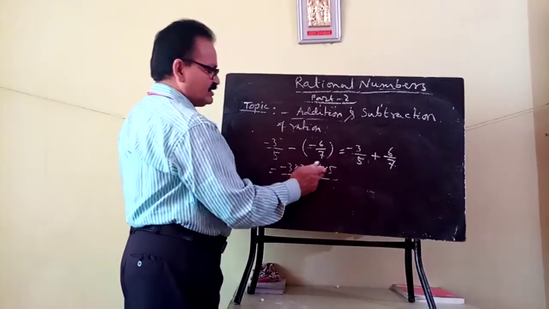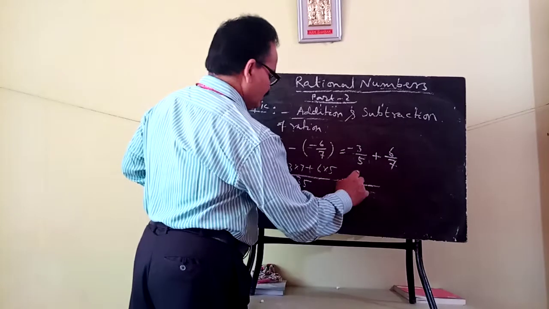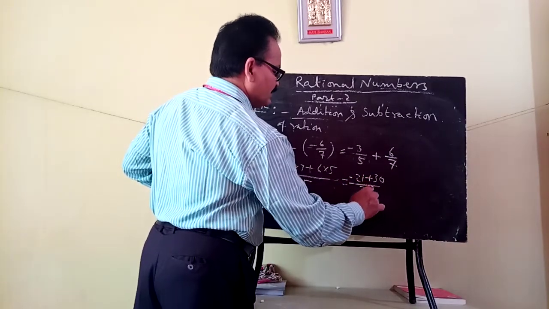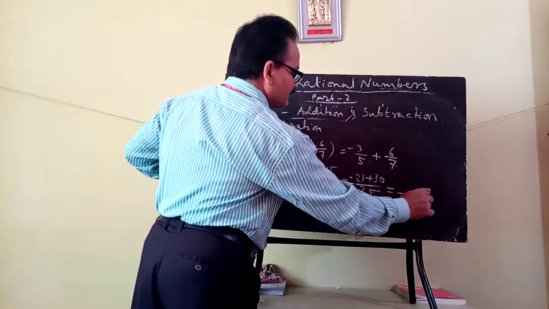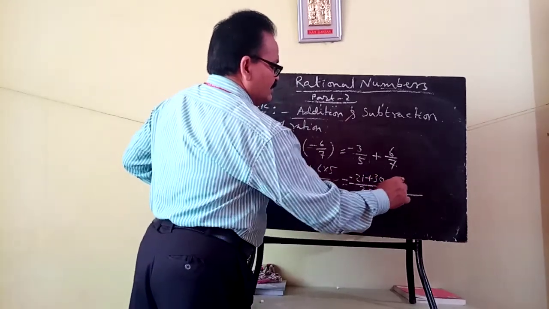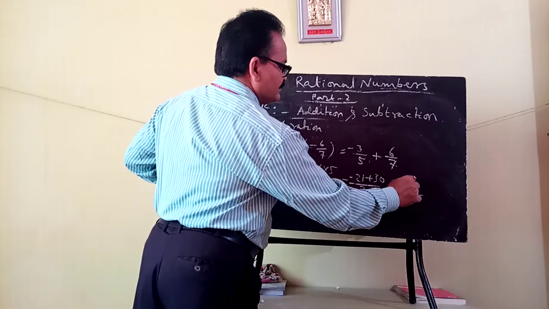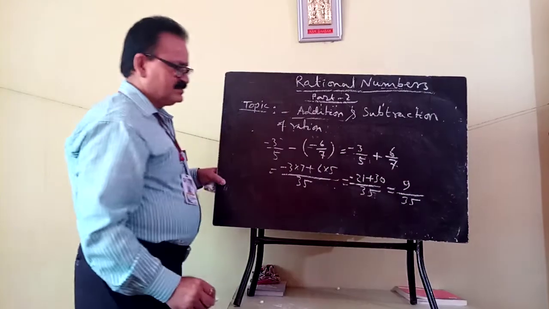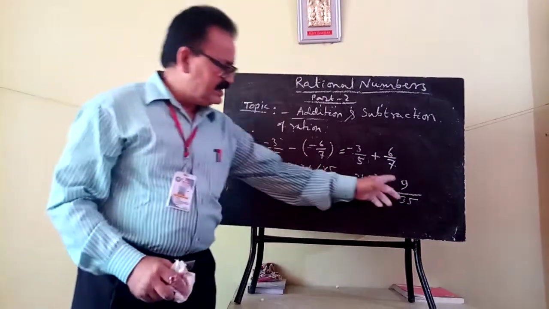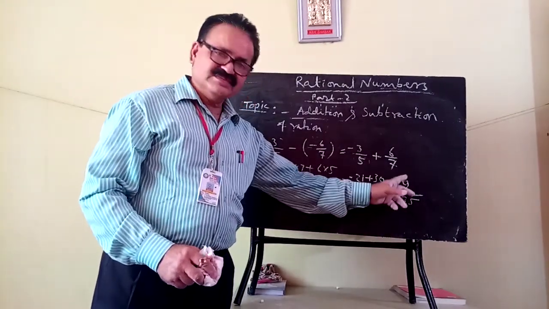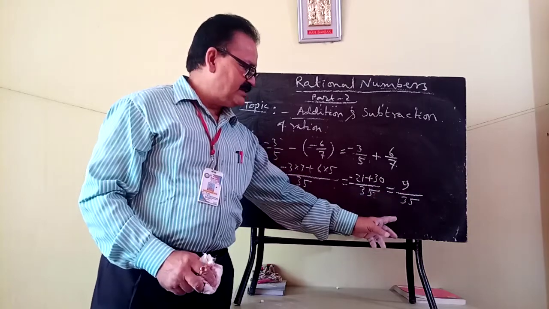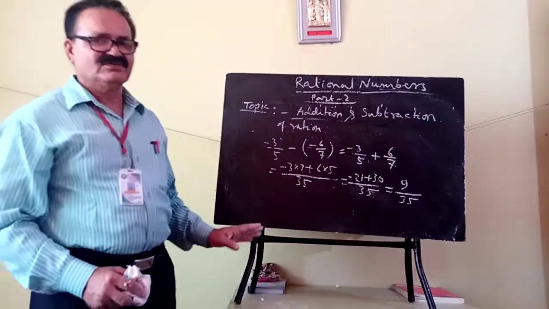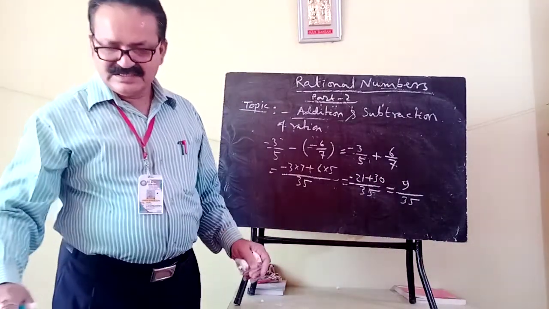This will be -21 plus 30 by 35, so you have got 9/35. If there is a common factor between 9 and 35 other than 1, you can divide it and make it the simplest form.